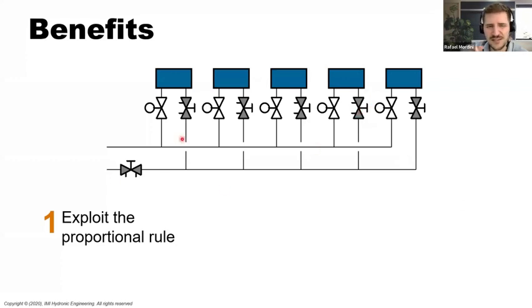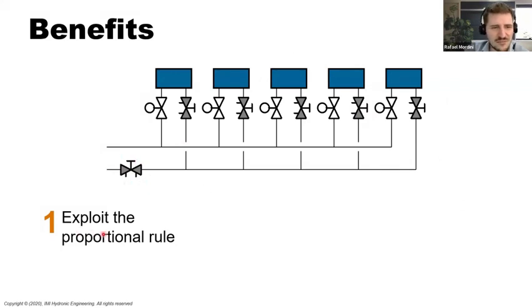When you're using this, we can create modules on our system by using a partner valve. This is a regular balancing valve, but for a whole module, like this here is a module. Could be a floor on the building, could be a whole riser, or just a small branch on a floor. You can create a module with that.